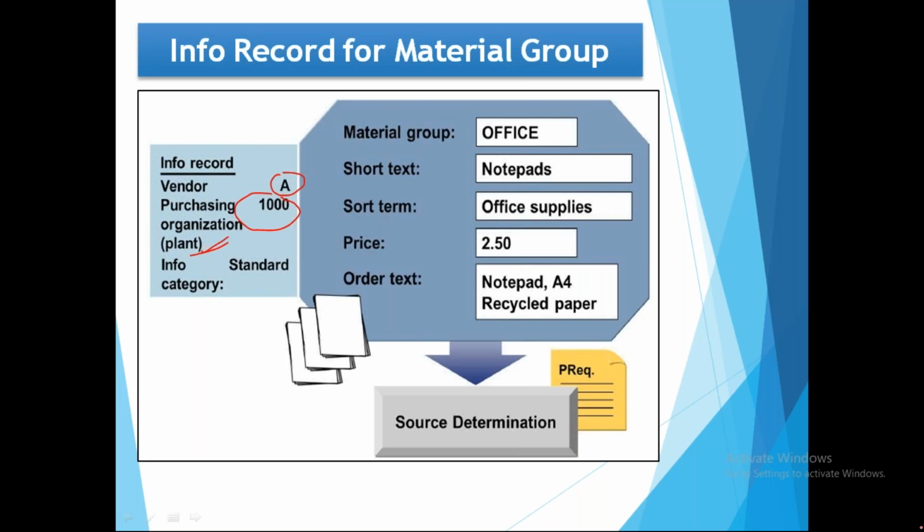There are some materials in common for which the price is always the same, like some office supplies, papers, notebooks. The price always remains the same. So instead of maintaining an info record for each material separately, you can maintain an info record for a material group also. I'll show you material group.